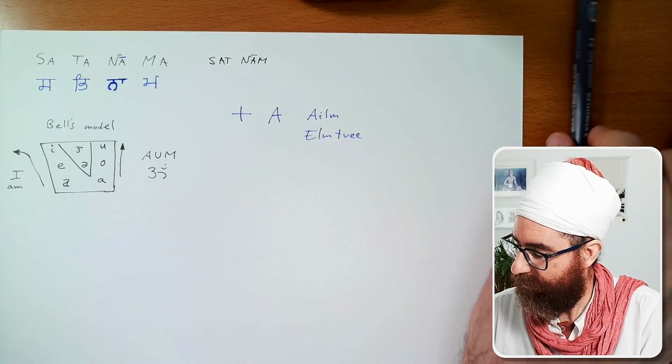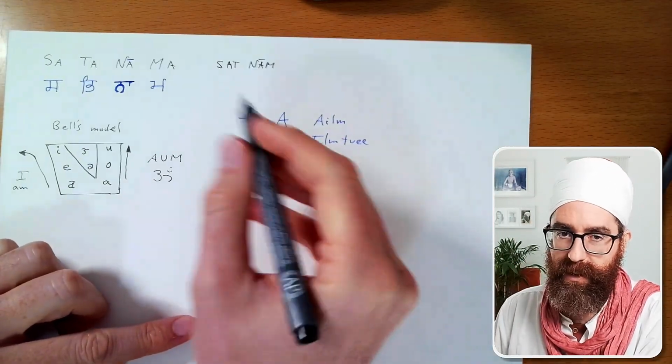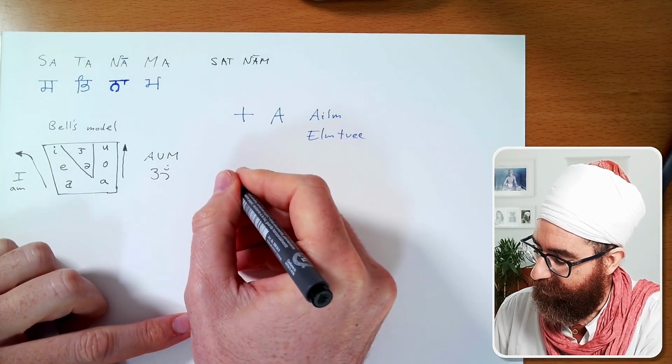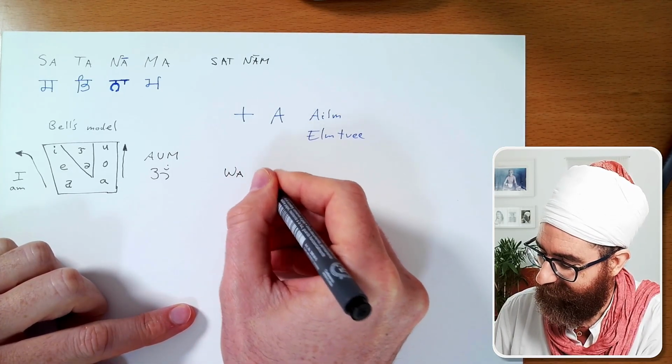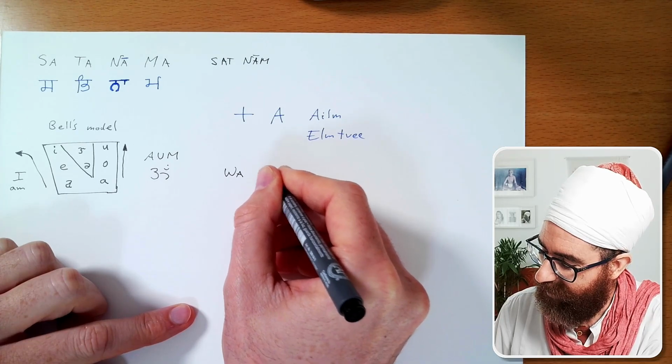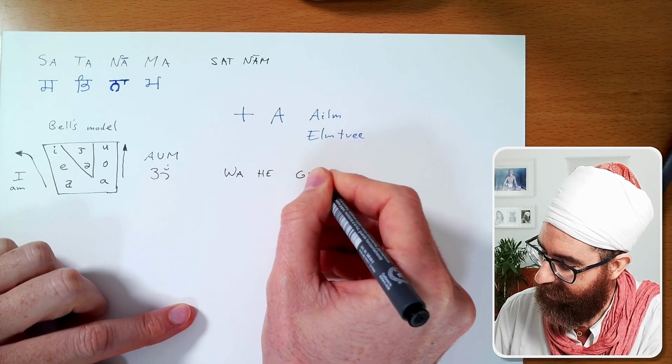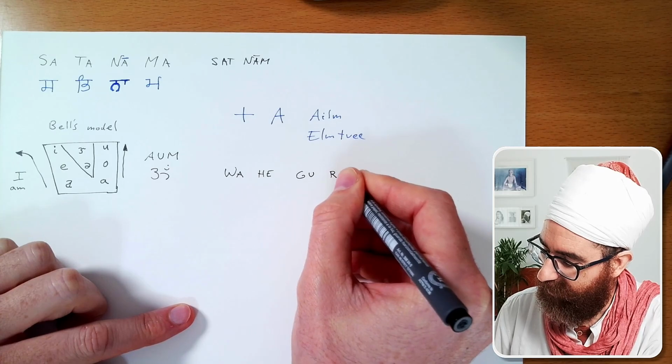Now let's take these qualities and let's explore. Now let's try to understand the meaning of a mantra, but only considering the vowels. The mantra I'm going to take now, we talked about Sat Nam before, is the second most important mantra we have in Kundalini Yoga and in Sikhism, and it would be Waheguru.